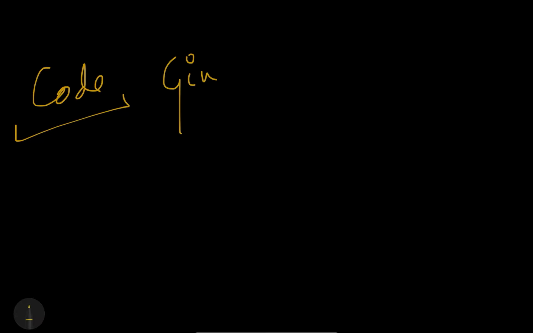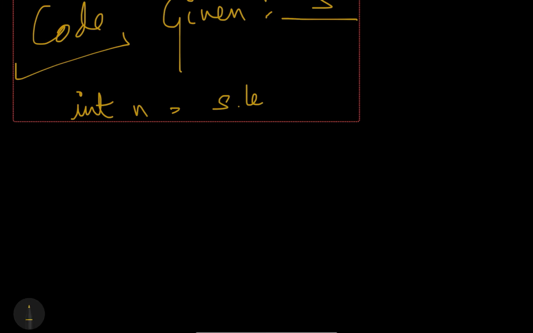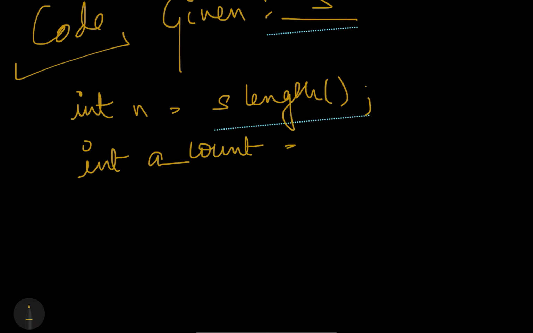What we have been given is a string S. First we can have a variable to store the length of this string. Then we can have a variable where we find the count of number of A's in our string.